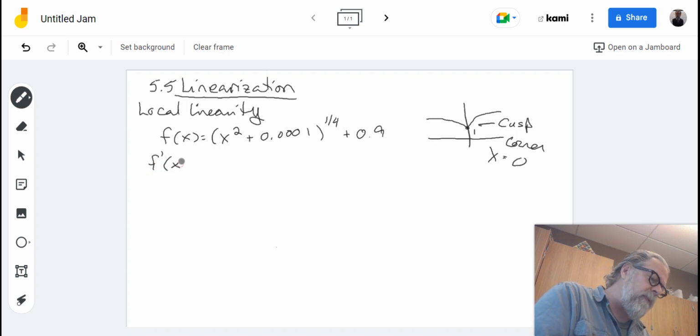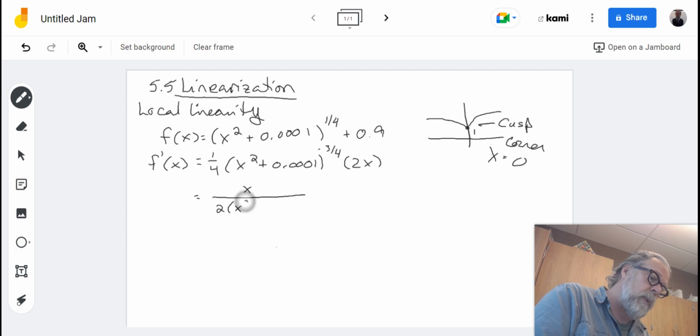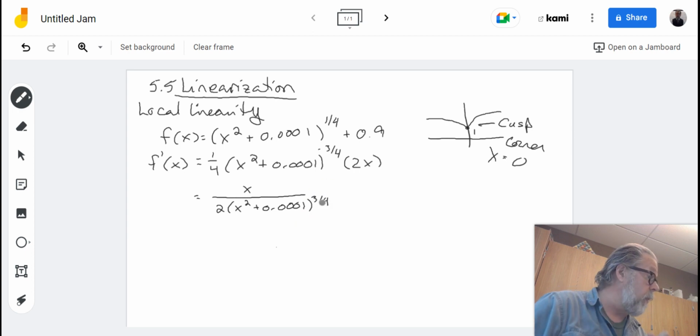The derivative of this function is 1/4 times (x squared plus 0.0001) to the negative 3/4 times 2x. And doing a little simplifying, we get that this is x over 2 times (x squared plus 0.0001) to the 3/4.